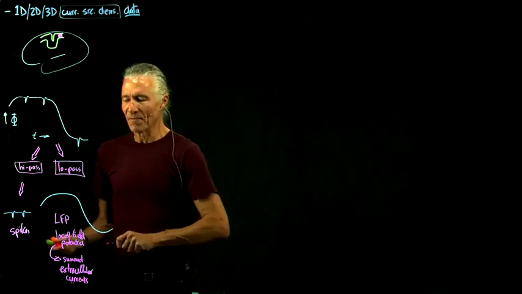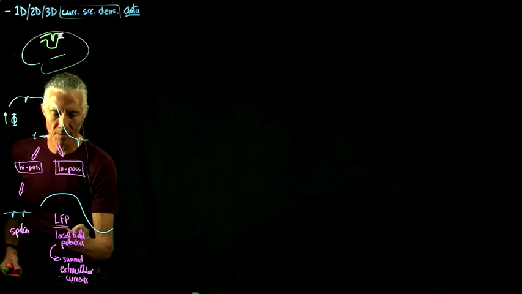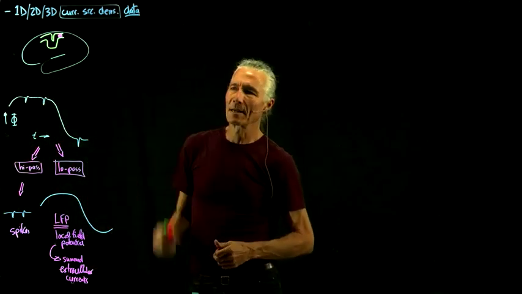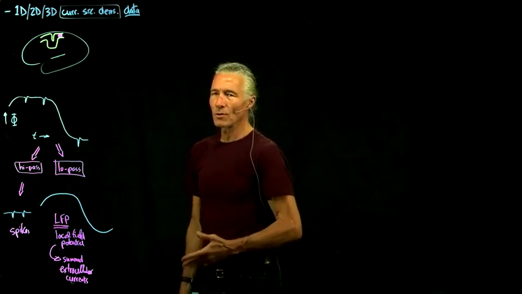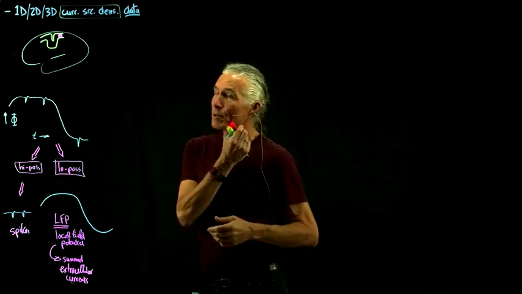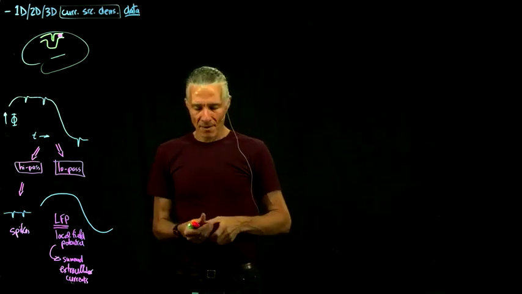So this is the kind of data that we're typically recording in order to do a current source density calculation, the local field potential. And like I said, it's there anytime you put an electrode anywhere in the brain, you're going to see that.